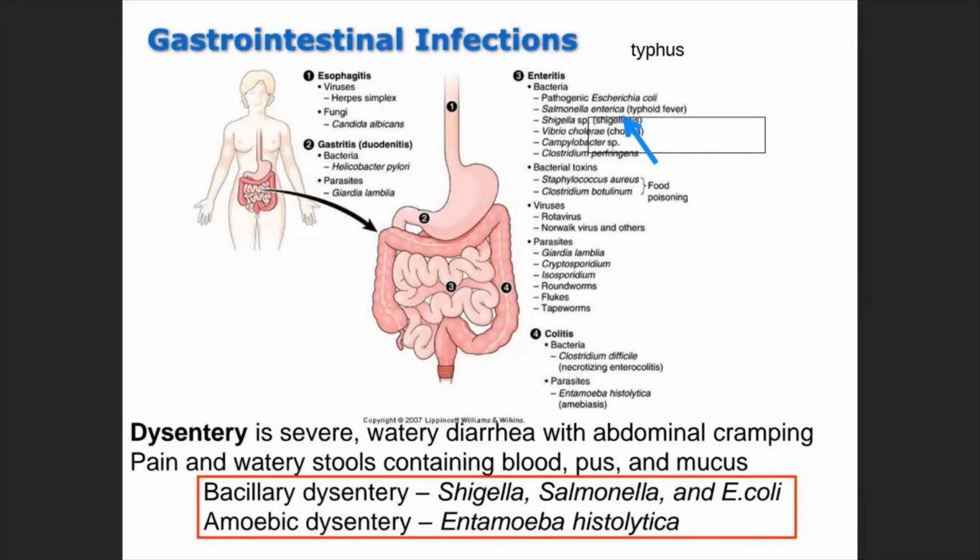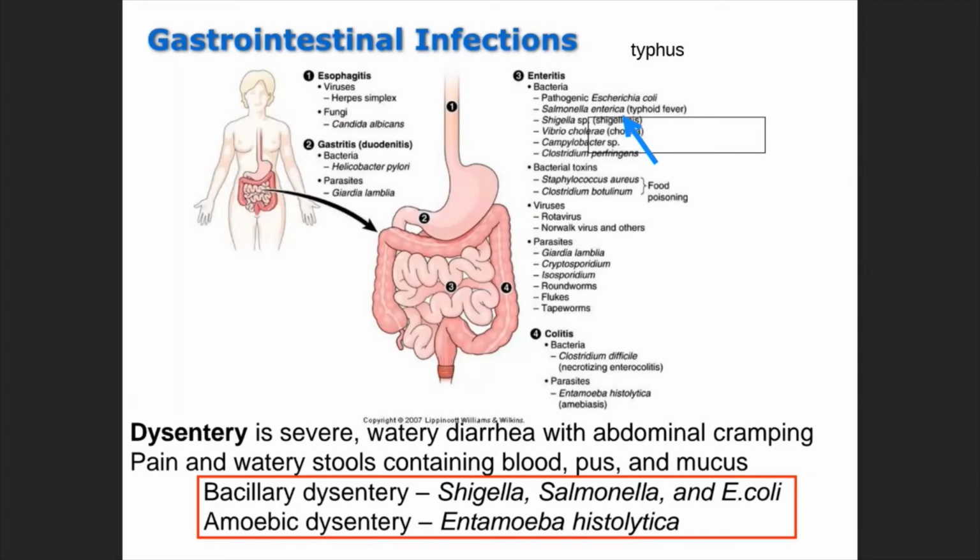Okay, so here it is very important to note the distinction between bacillary dysentery versus amoebic dysentery. What is dysentery? Dysentery is a condition when a person has abdominal pain and watery diarrhea.